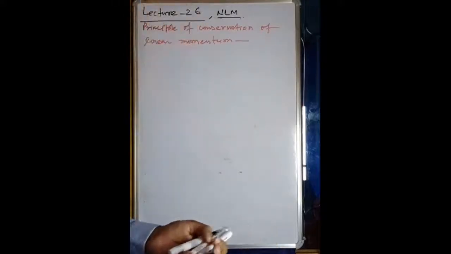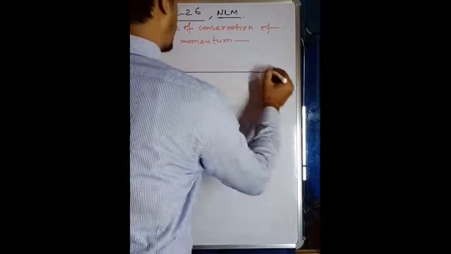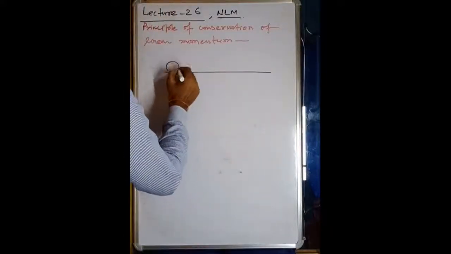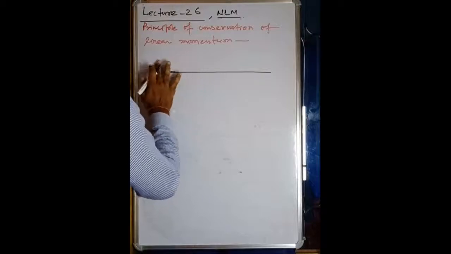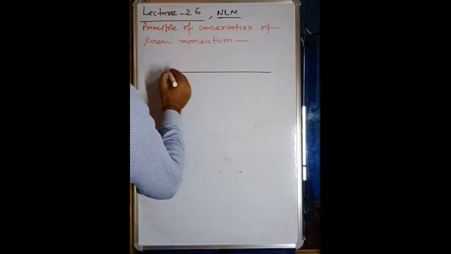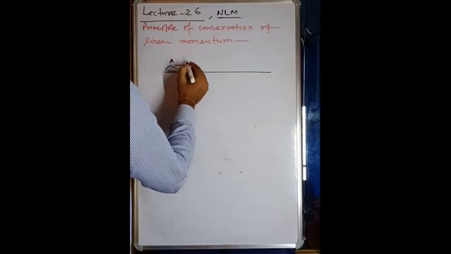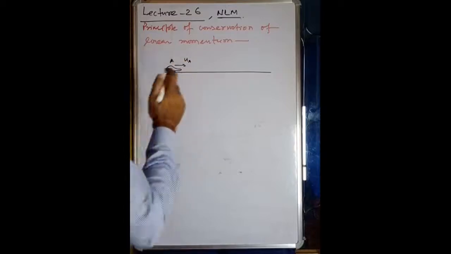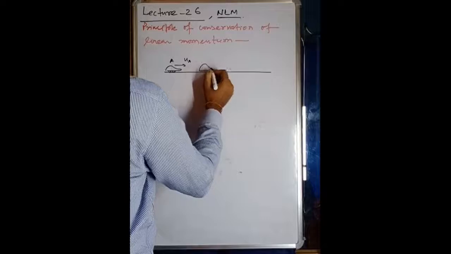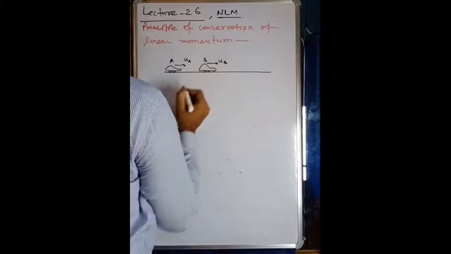Okay, so as we have discussed, suppose in a system there is a car A which is moving with velocity UA, and a car B which is moving with velocity UB.